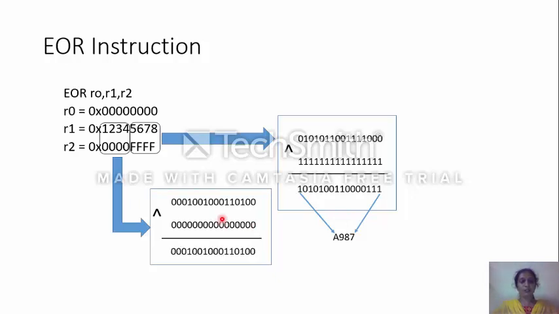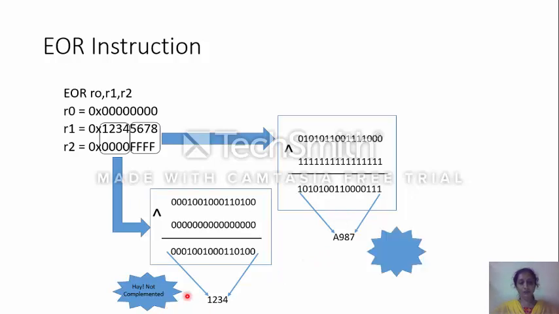If you observe the input and the output, both the numbers are same. It means if you XOR anything with 0, you are getting the same number. If you XOR anything with 1, you are getting the complement of the number. So here it is not complemented. Oops, this is complemented. So when you use 1, it is complemented. When you are using 0 here, it is not complemented.